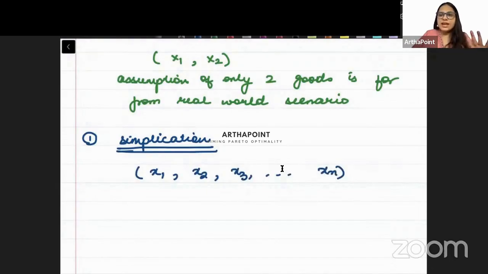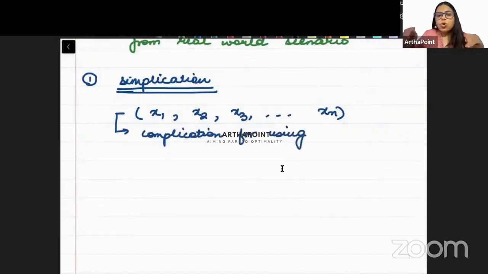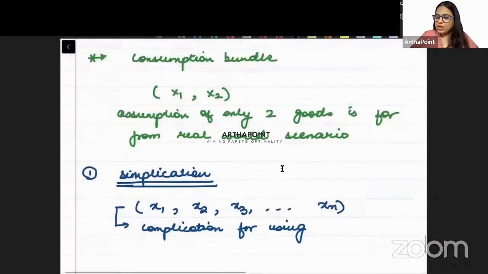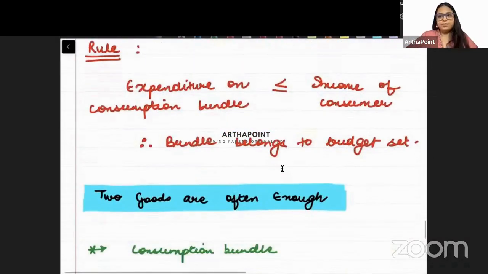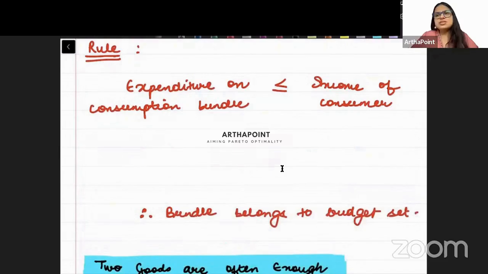We can deal with an n good consumption bundle, but this will be very complicated to use. We just want to introduce a concept to you. हमें ये पता है कि expenditure on the goods has to be less than equal to income.